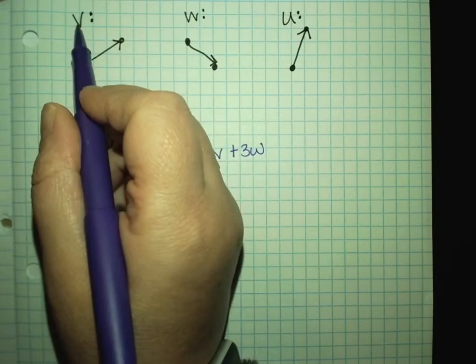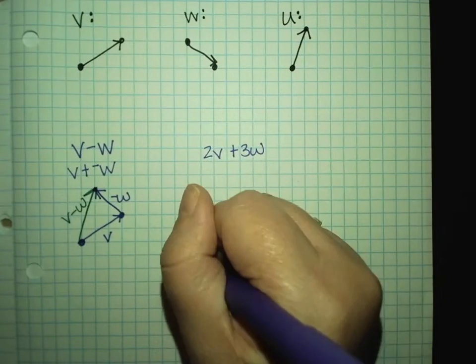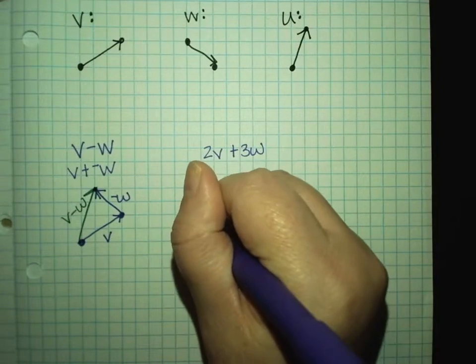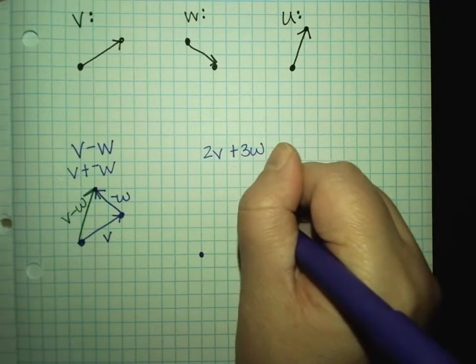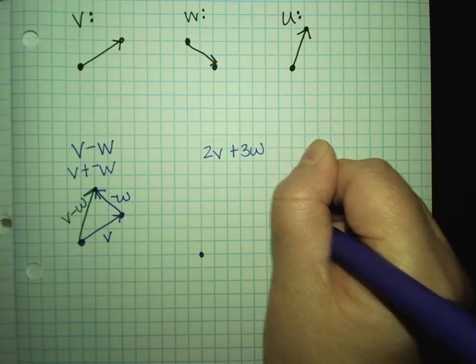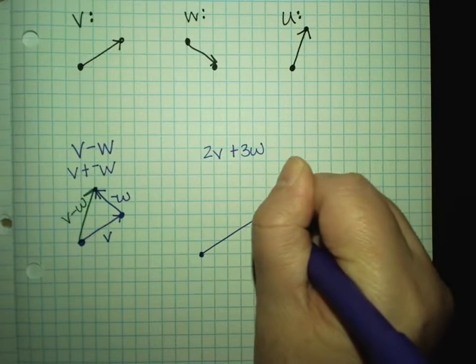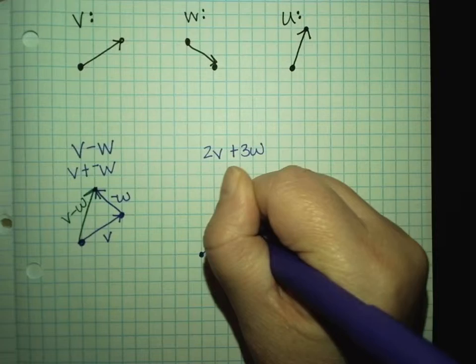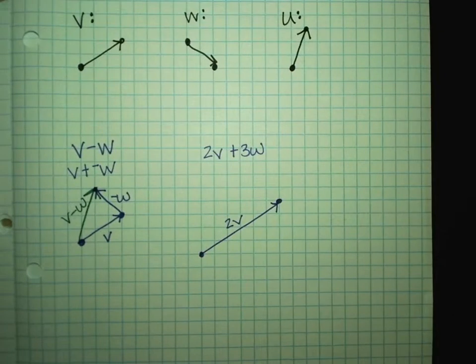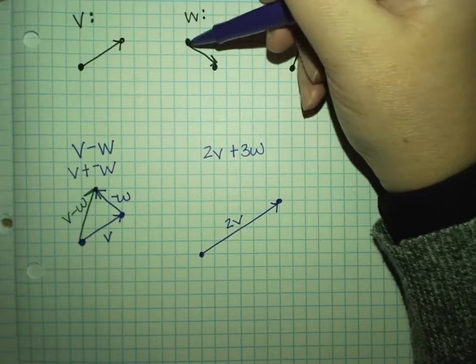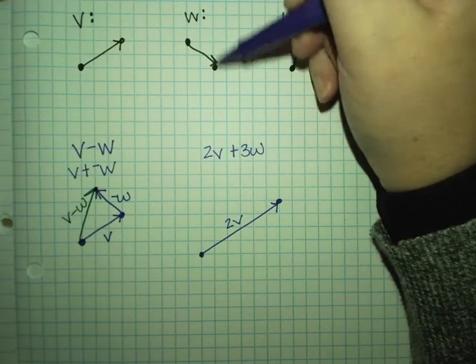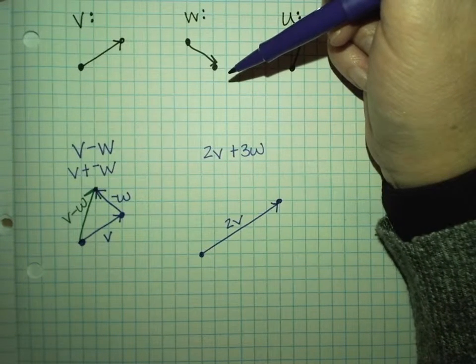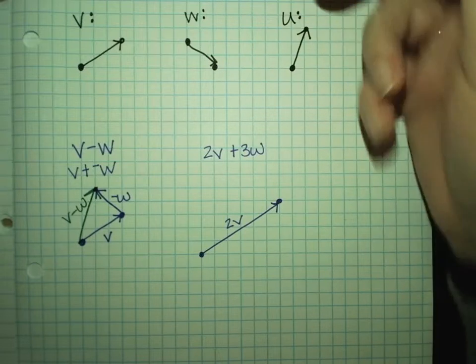So instead I'm going to go up 4, right 6. So there's my 2V. Then I want 3W. Again, it's a 2, 2 here, so we're going to multiply that by 3, so it's going to be a 6, 6.